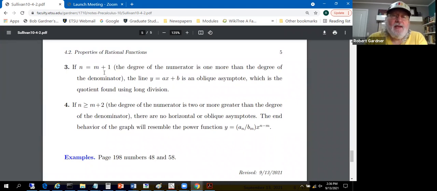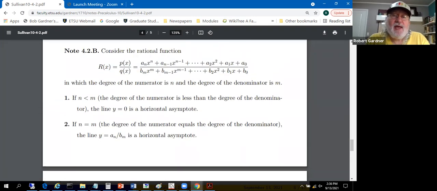If n equals m plus 1, where n was the degree of the numerator and m was the degree of the denominator, so the degree of the numerator is 1 more than the degree of the denominator. For example, this might be degree 2 and this degree 1, or this degree 7 and this degree 6.